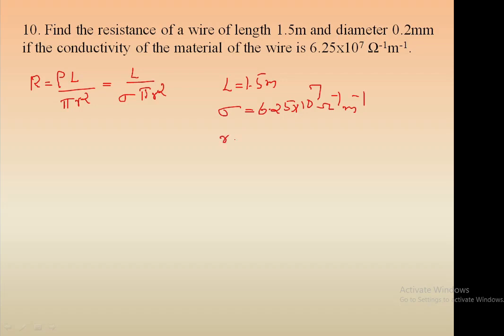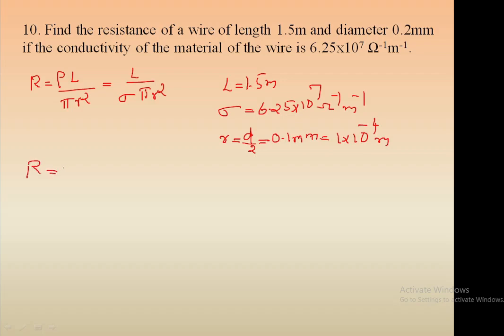So the radius r is equal to half of the diameter, that is 0.1 mm, that is equal to 1 × 10^-4 meter. Now we have all the values. Let us substitute.